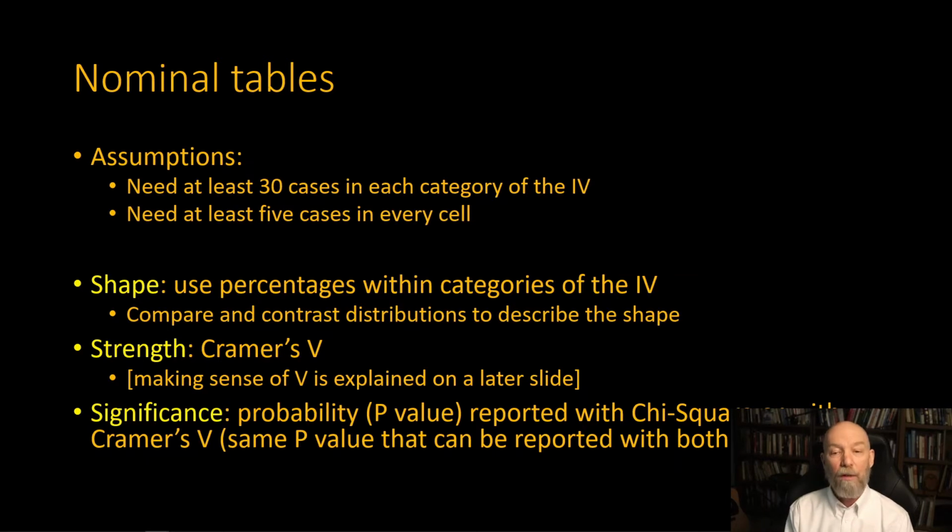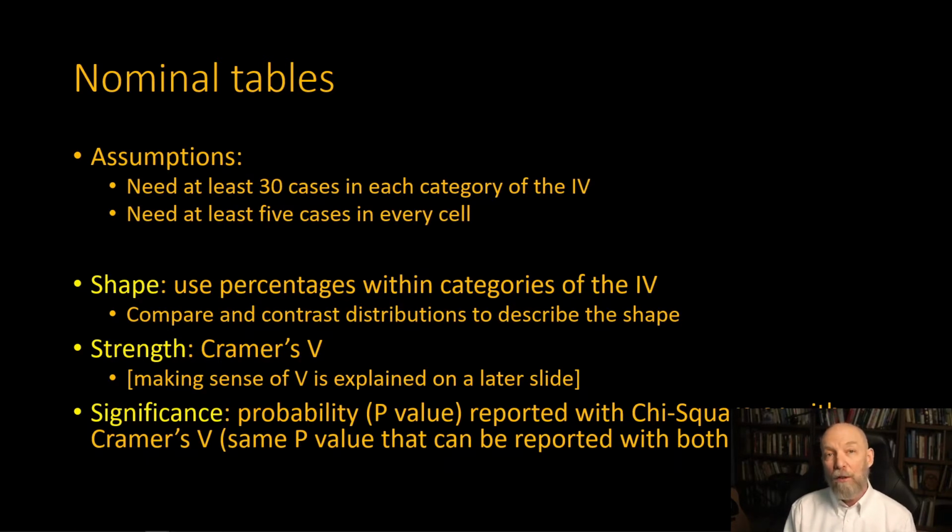If we don't, if it's a nominal table, we can't move forward because we're violating an assumption that underlies the mathematics that makes this analysis work. All right. Needing 30 cases in each category was talked about in the distributions variable video, so you can go back and watch that if you wish.